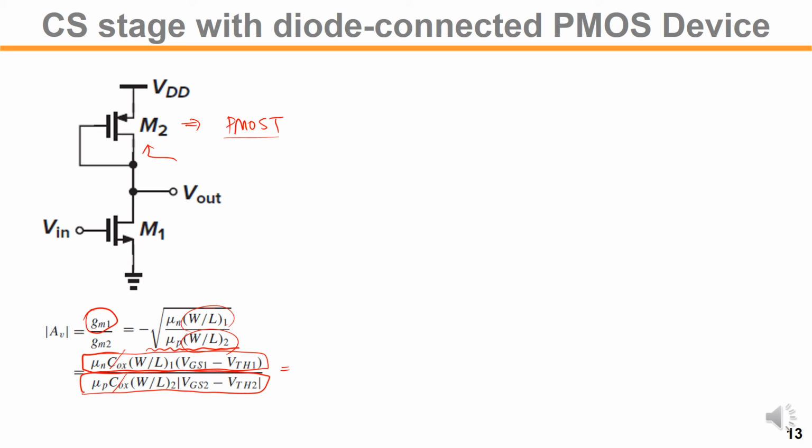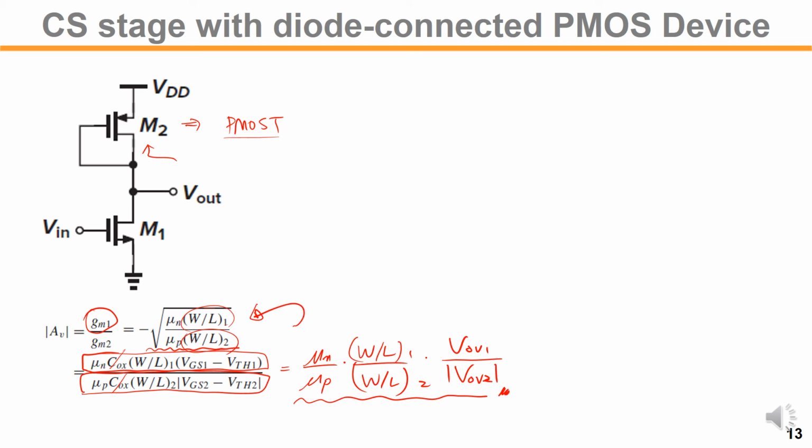You can also represent the gain in terms of mu n over mu p times W over L 1 over W over L 2 times the overdrive voltage of M1 over the overdrive voltage of M2. So the ratio of the overdrive voltages can also affect the gain. You can look at the gain in this equation, or you can look at it that way.